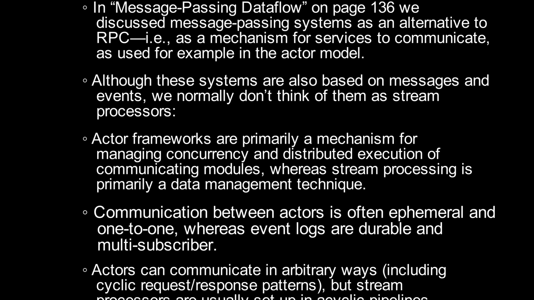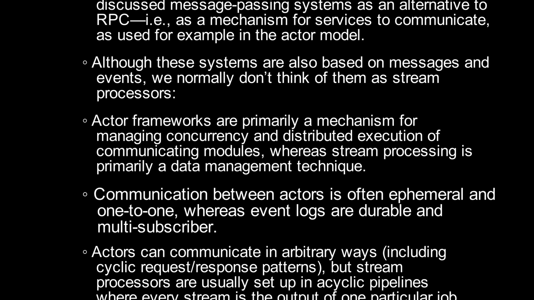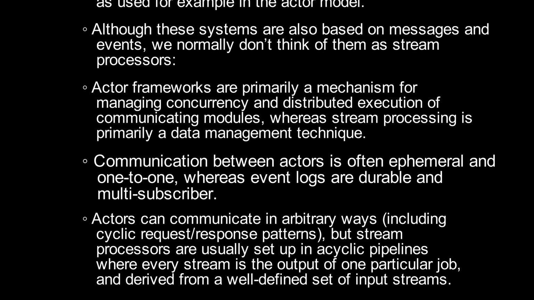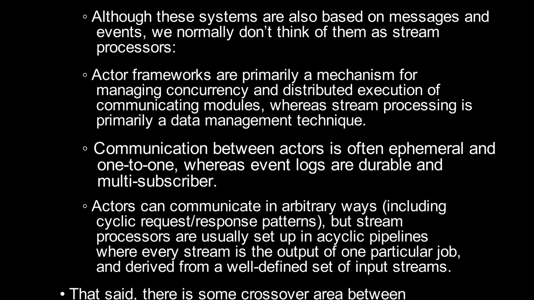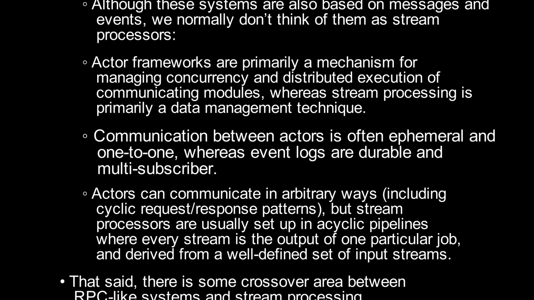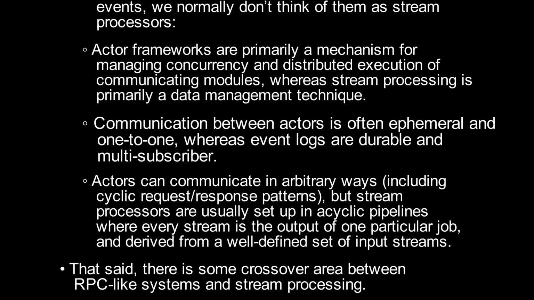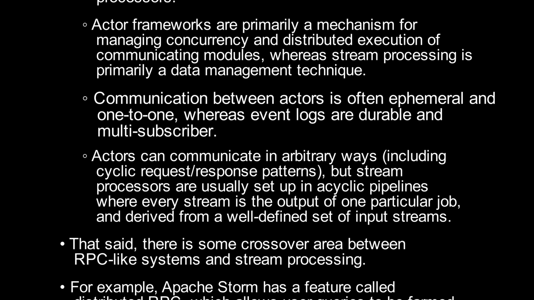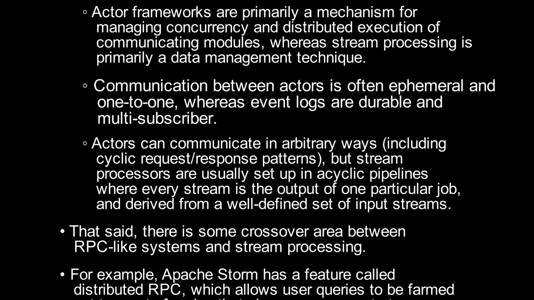Communication between actors is often ephemeral and one-to-one, whereas event logs are durable and multi-subscriber. Actors can communicate in arbitrary ways, including cyclic request/response patterns, but stream processors are usually set up in acyclic pipelines, where every stream is the output of one particular job and derived from a well-defined set of input streams.